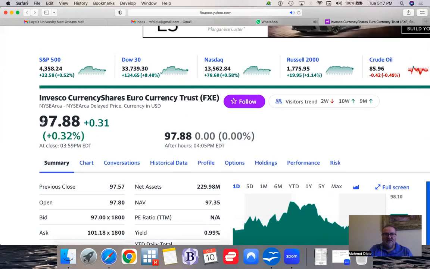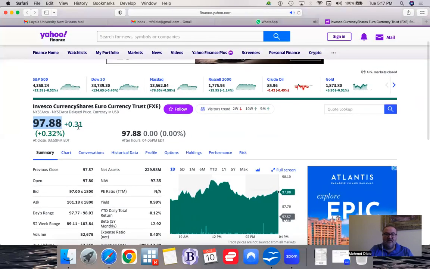It's an index, so the price that you see is actually not the actual price of the euro in dollars, meaning it's not an exchange rate per se, but it is close enough that as an index we could use it for our purposes. So notice that this current price is 97.88.